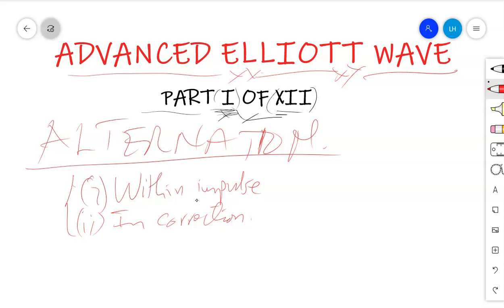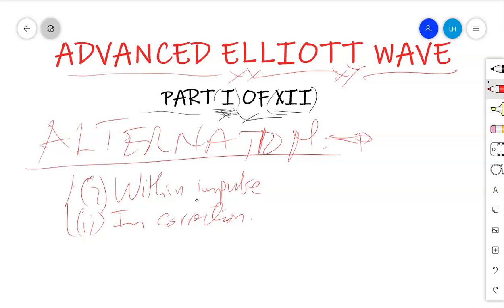When we talk about alternation, from the word alternate, it means changing. When we say things are alternating, it means those things are changing. It can be seen in this way, and then shift and be seen in another way the next time. That's what we call alternation.